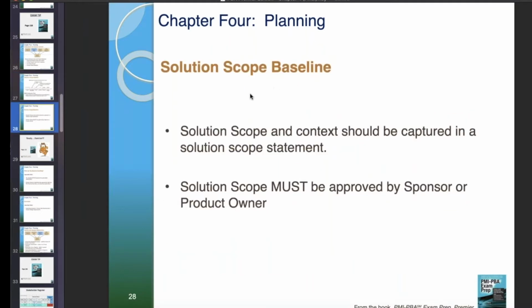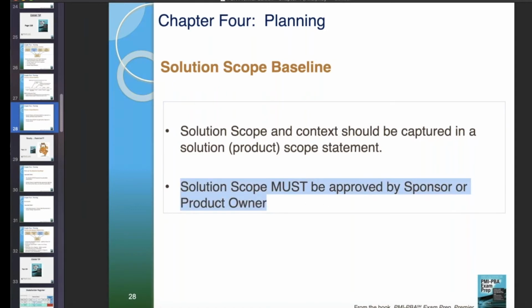Solution scope baseline. Solution scope and context should be captured in a solution scope document. Again, they could call it a product scope document, and that's technically acceptable. Product scope must be approved by the sponsor or product owner. Please write that down.